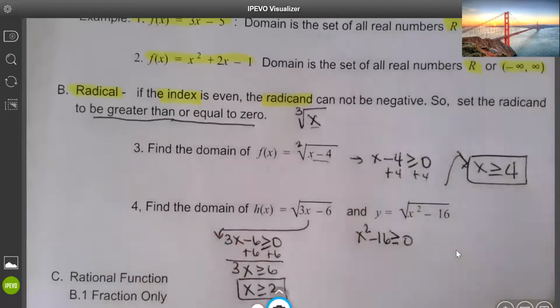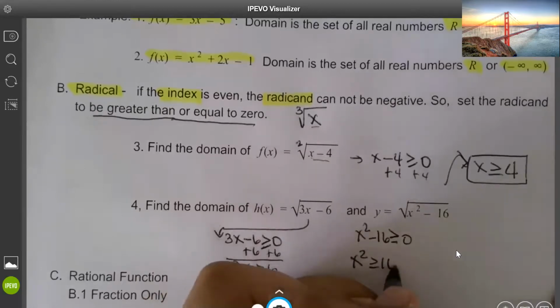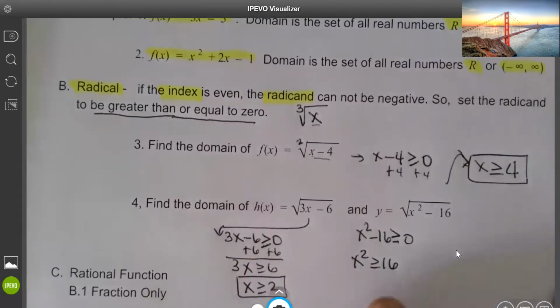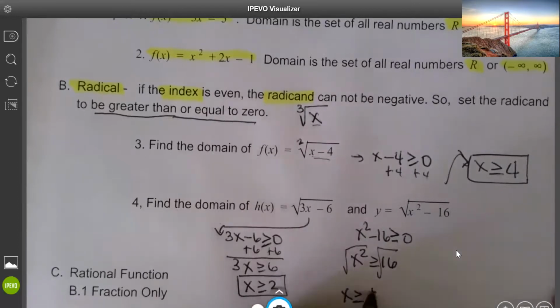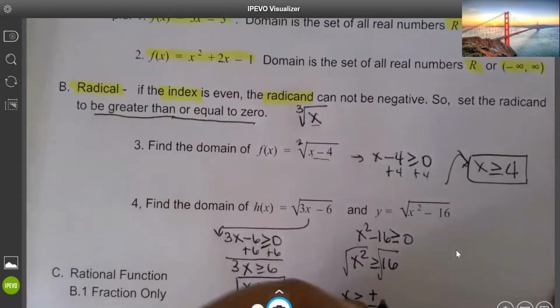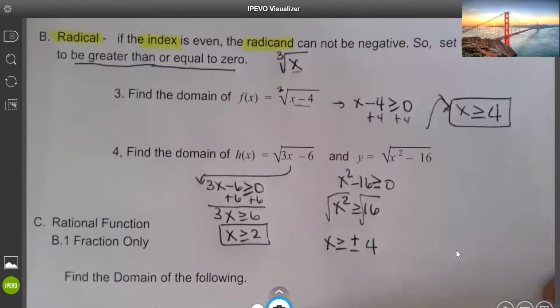equal to 0. So now I have x² is greater than or equal to positive 16. If I am going to get the square root of both sides, this one is x is greater than or equal to positive or negative square root of 16, which is 4. So there are two possible values of x.